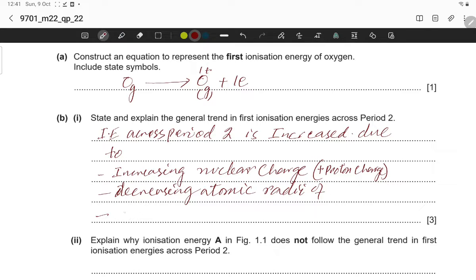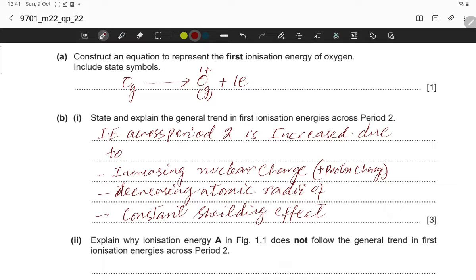and constant shielding effect. Constant shielding effect means as there are the same shells across the period, that's why the shielding effect remains constant. So across the period ionization energy is increased due to increasing nuclear charge.